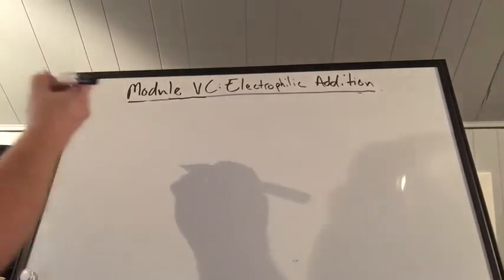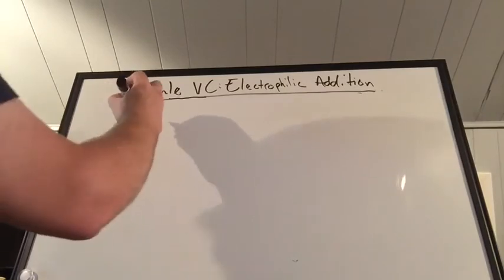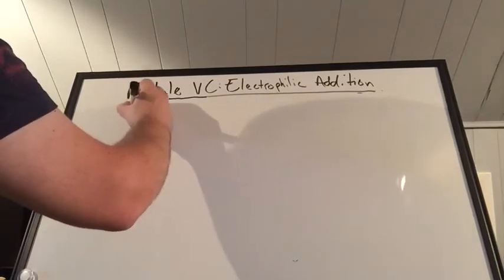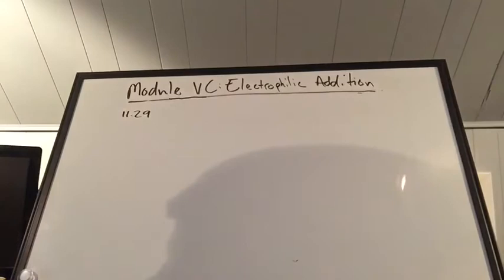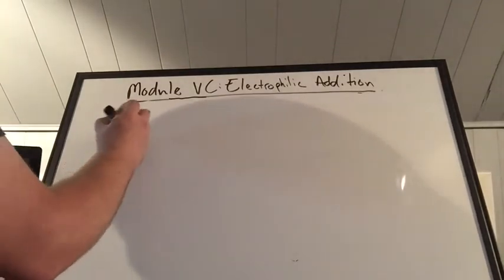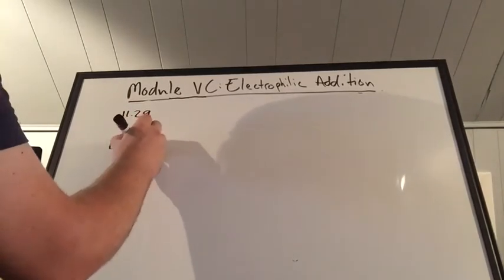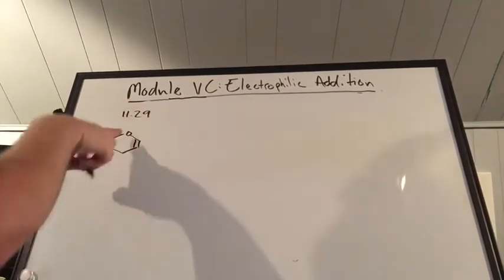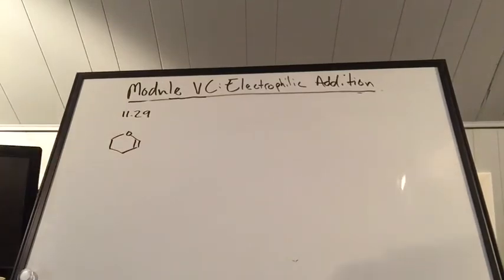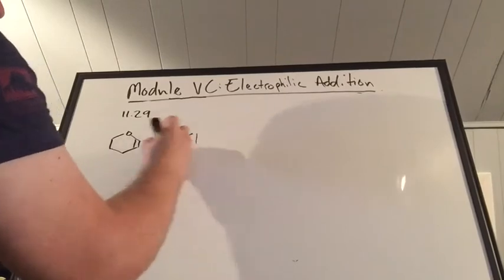Okay, so I'm going to attempt a couple of problems here for you from the text to serve as a little bit of a review. So 11.29 on page 596, you have an enol ether. Enol is different than an enol ether here. This is the ether group right there, reacting with HCl. Okay.